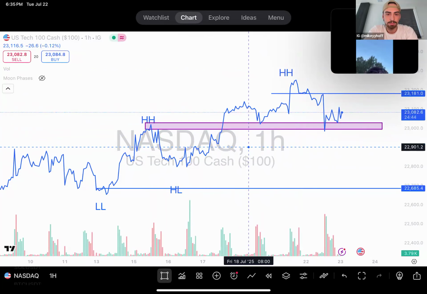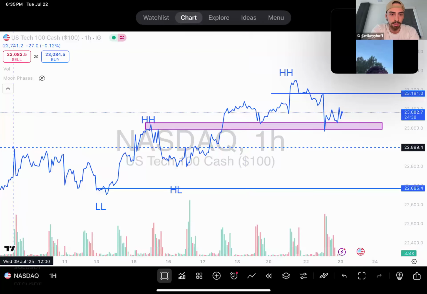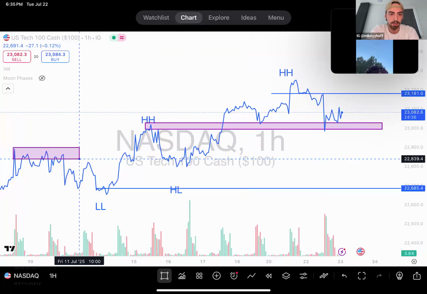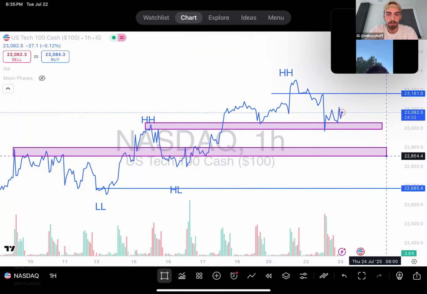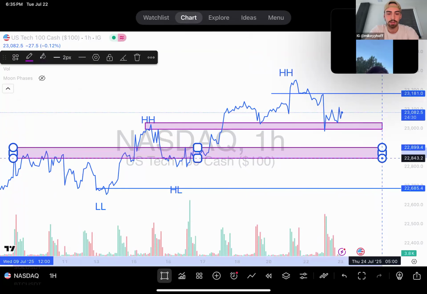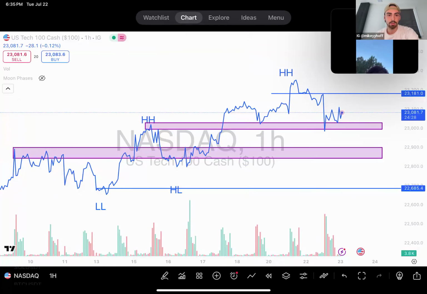And then from there, where are the next most recent peaks? We can see right here. We're going to go back a little bit further just so you guys can see this a little bit more clearly as well. Right here in this area, we can see that the market made a high point here and then resisted off of that area for quite some time.